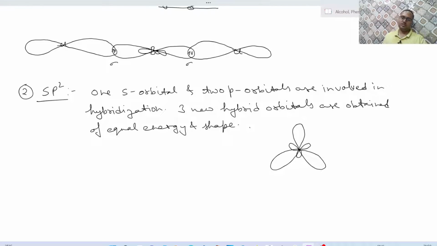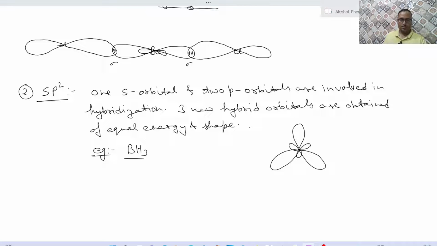Okay, so these are the three hybrid orbitals which will align themselves in three dimensions. So let us take an example of BH3, boron trihydride or boron hydride we can say.